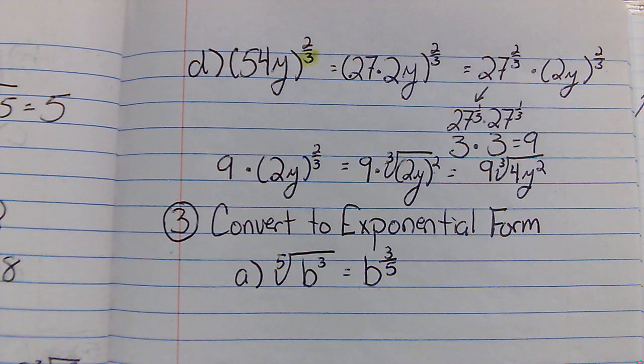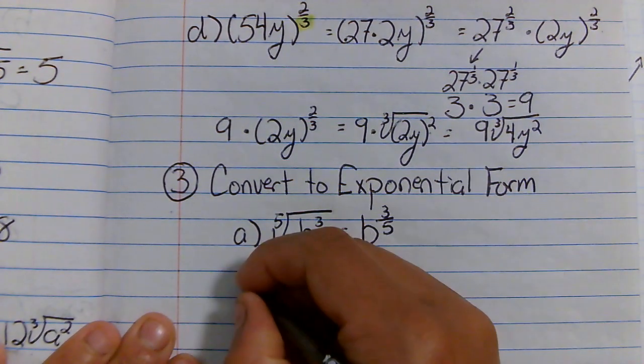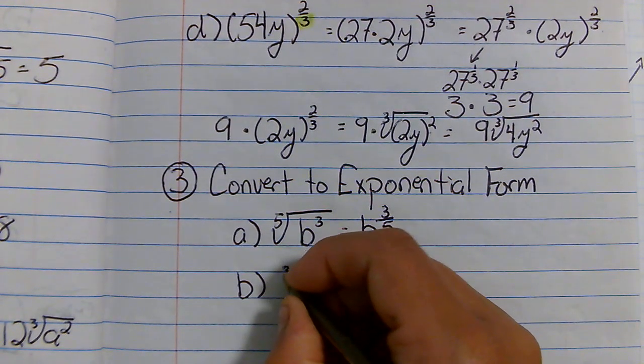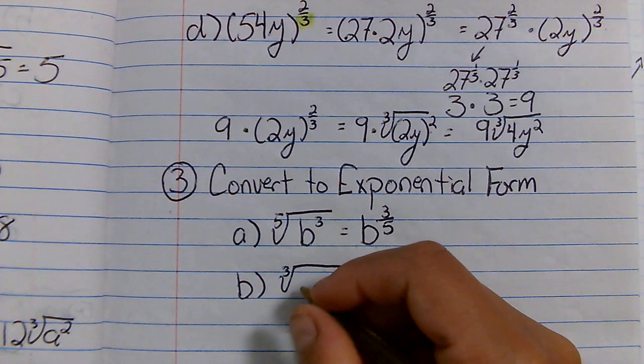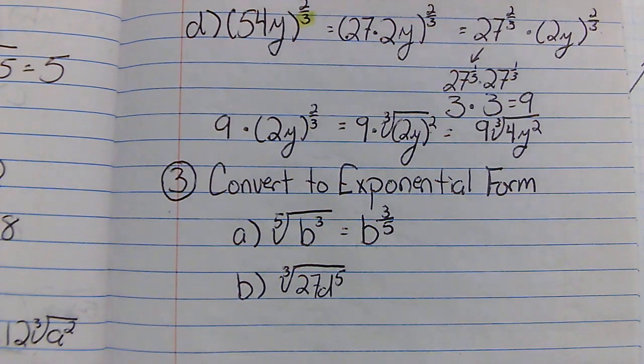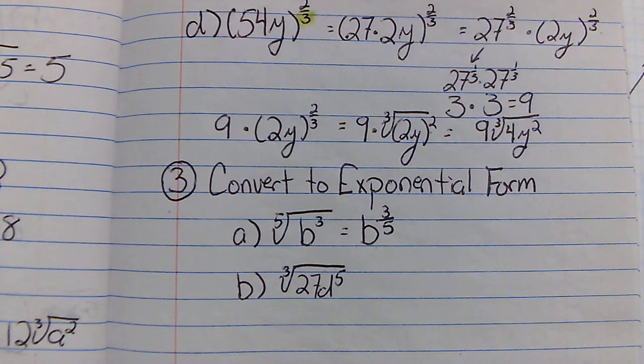That one was easy. Let's try another one. This one's going to be a little more difficult. Okay. Third root, 27d to the fifth. Now, you need to be careful on this one because there's more stuff in the radicand.